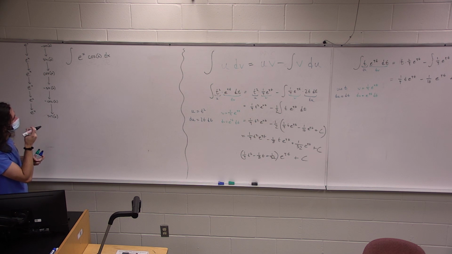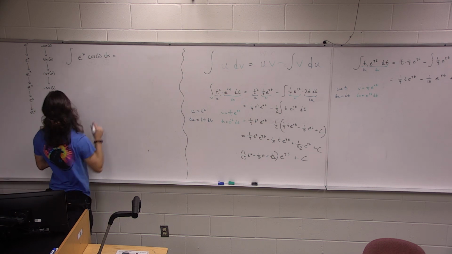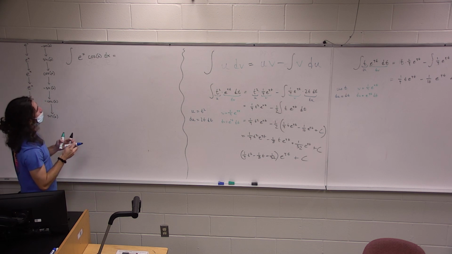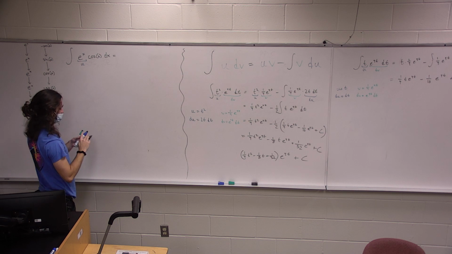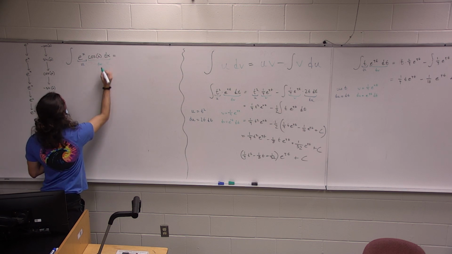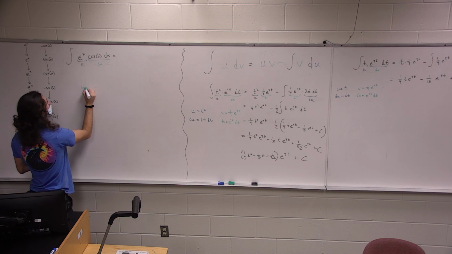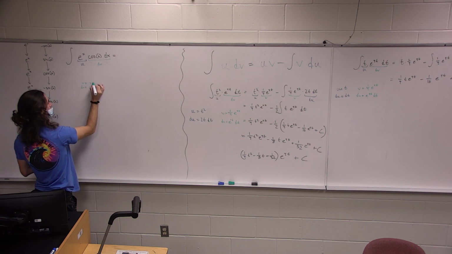So let's give this a go. If we try to use integration by parts here, let's just say I'll let this be u, and I'll let this be dv. So if dv is cosine of x, that means v is sine of x.